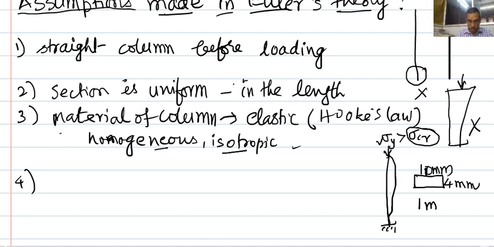But suppose I have a column something like this, very thick, a 1 meter by 1 meter cross section, and a length of only 1 meter. Try to understand, it is a huge cube, it is not going to buckle, it is only going to yield if at all you apply more load. So, in such a case, Euler's theory will not work. I told you, right, you can very well imagine that stress diagram.